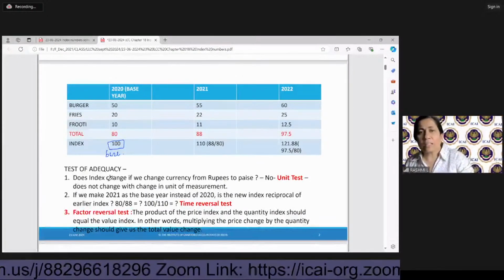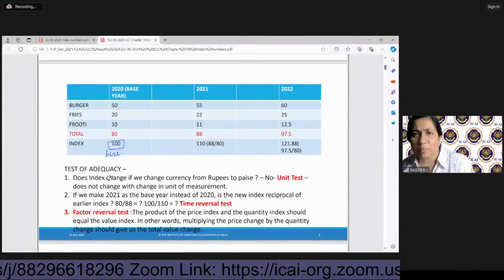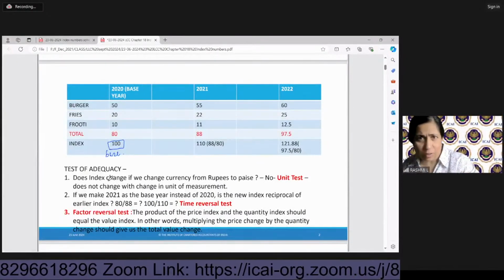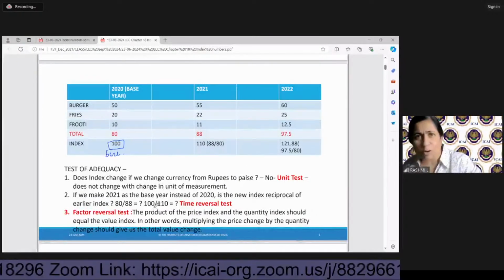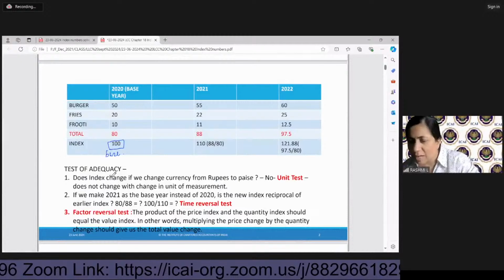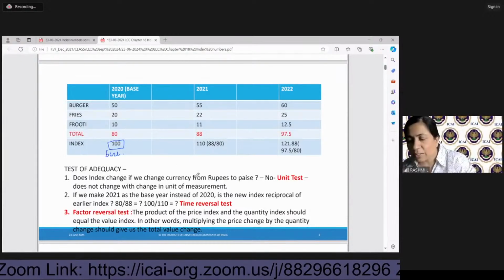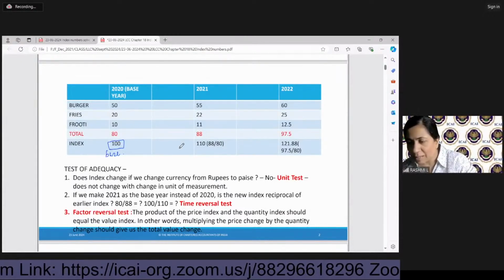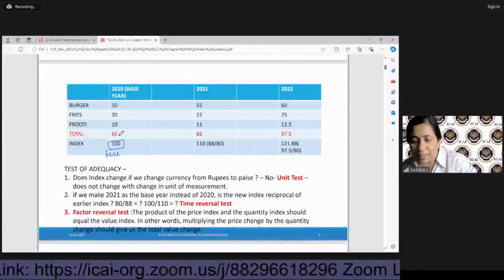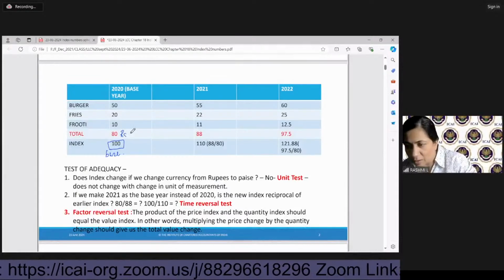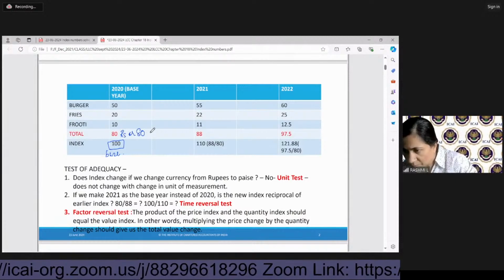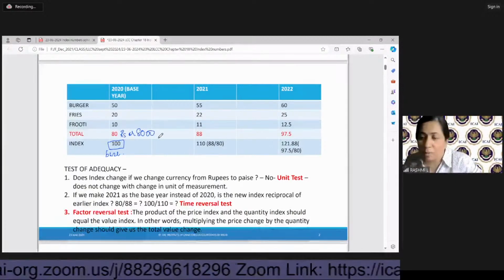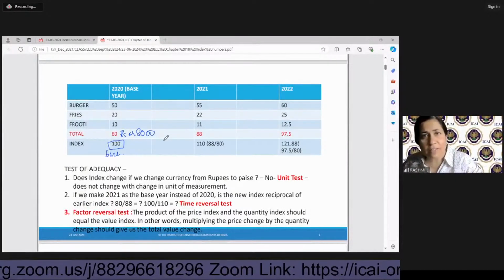The main thing this chapter talks about is tests of adequacy. We are going to do everything in detail, but what I would like to explain with this small example is: does the index number change if we change currency from rupees to paise? If I write 80 rupees as 8,000 paise, is it going to make a difference?